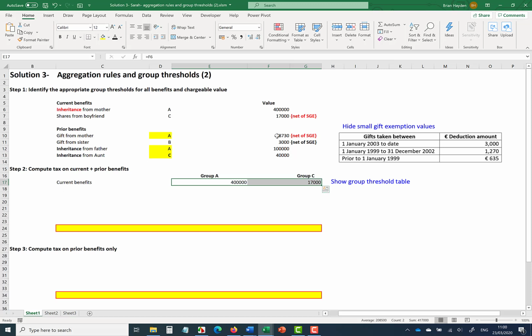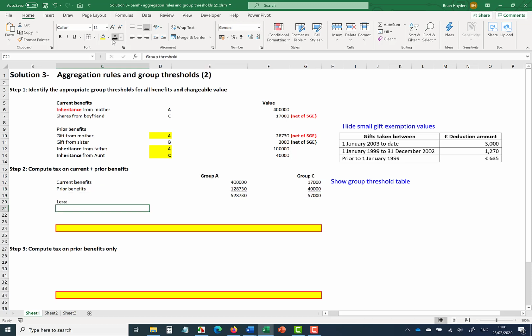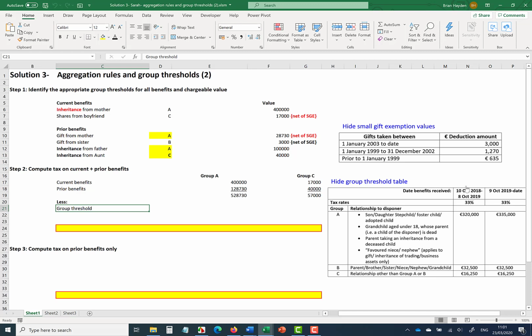And then we've got these A benefits and C benefits, prior benefits. 128,730 for the A benefits and 40,000 for the C benefits. We compare that to the group threshold. These benefits were received in 2019, but the date of their receipt was August 2019. So we're going to be looking at these threshold limits here. So for A, the appropriate threshold is 320, and for C, it's 16,250.